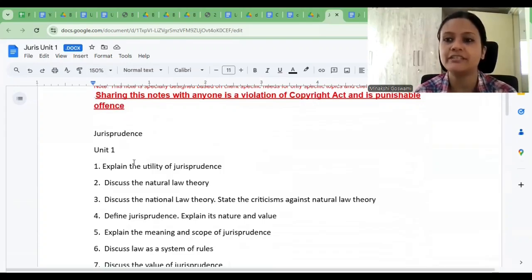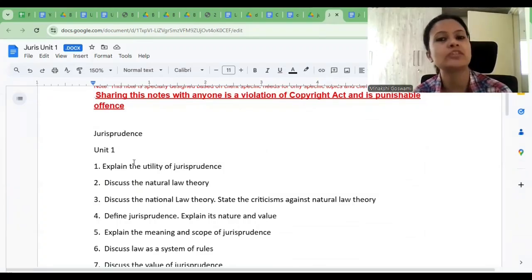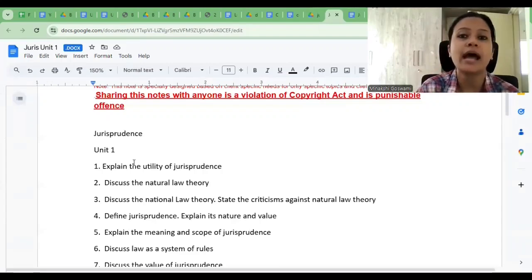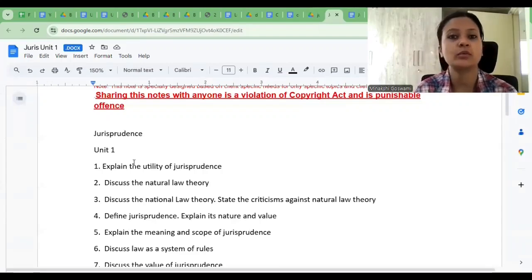I have also made a detailed video showing you the notification wherein they explained what will be the new question paper pattern. So make sure you have checked that out and make sure that you know what is going to be the question paper pattern before you appear for your exam. Now let's look at the questions.